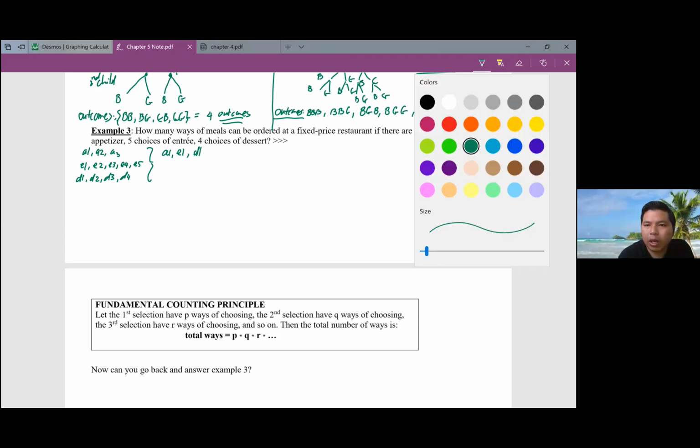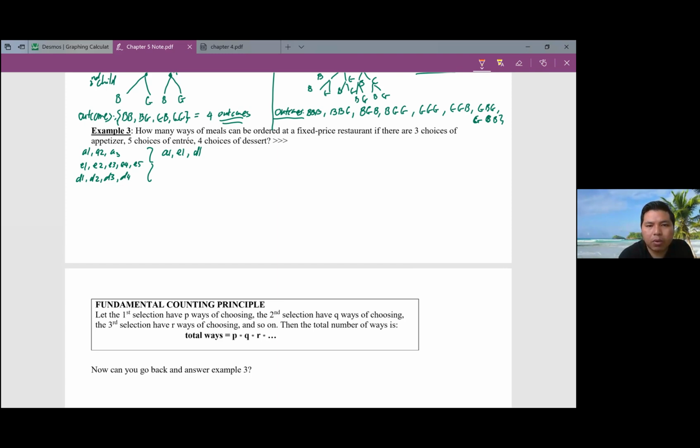However, I can change my choice a little bit. I can have A1, E2, and D1. Or I can have A1, E2, and D3.